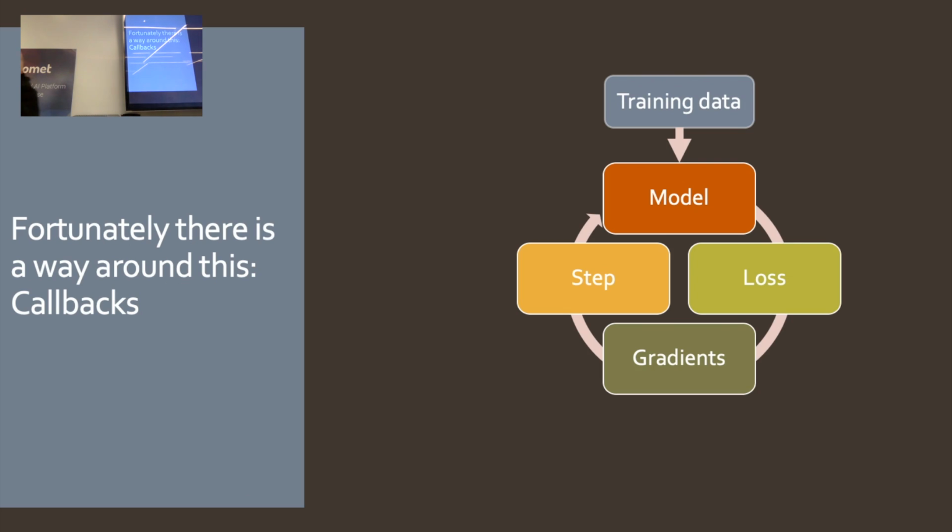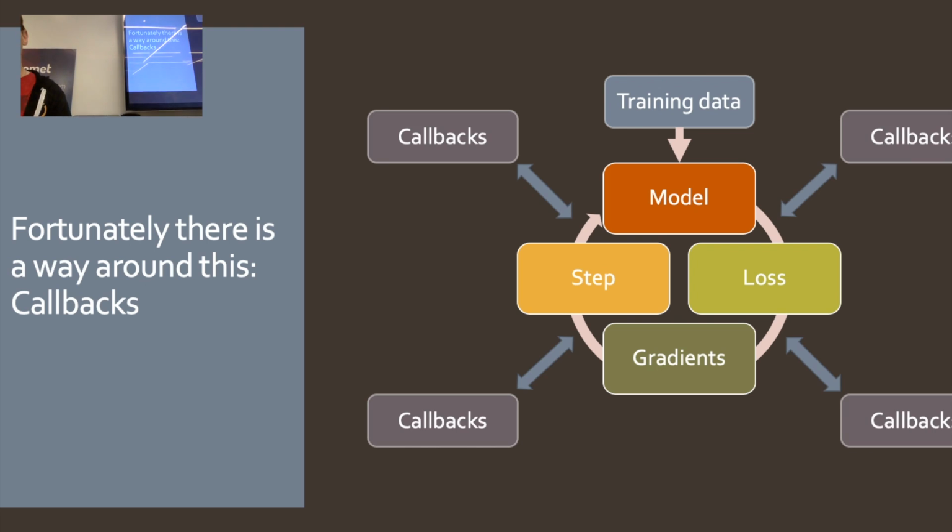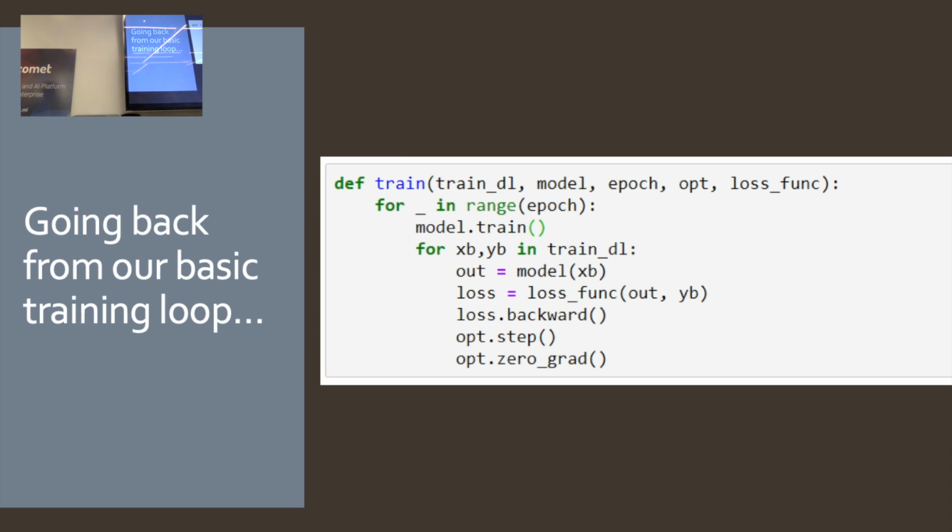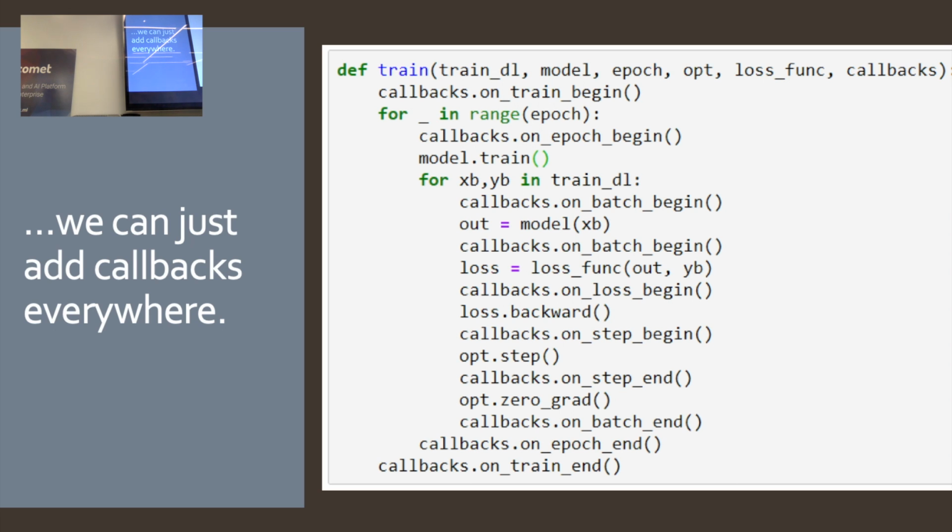So if you can't change the 5 instructions that are the core of the training loop because you don't want it to become too messy, you have to write it outside of it. That's when callbacks come into the game. So if you go back to our training loop, the basic one with its 5 instructions, we change it by just adding callbacks between every step.